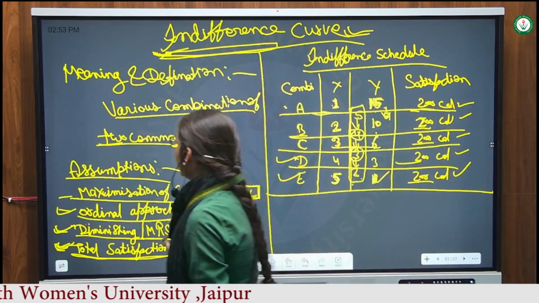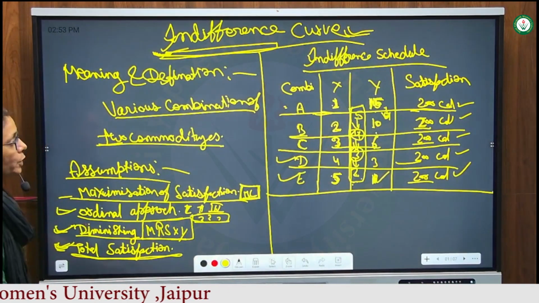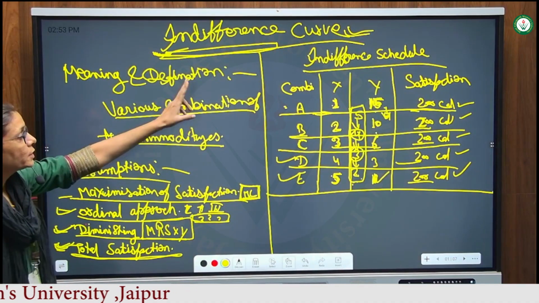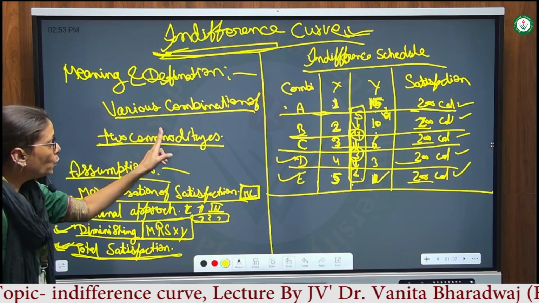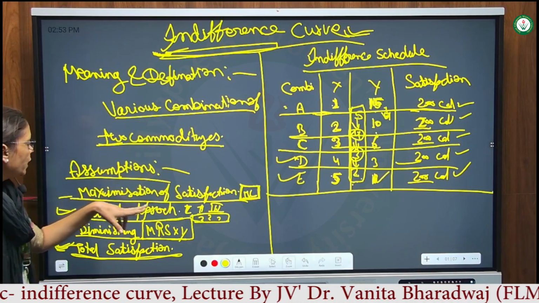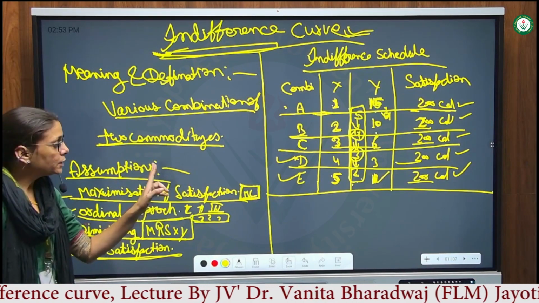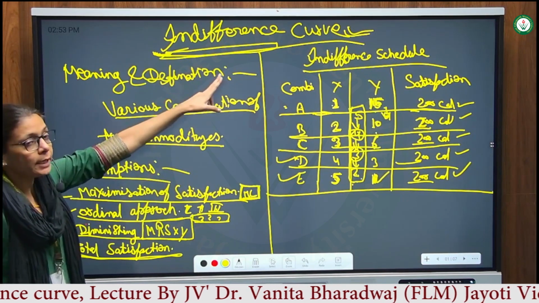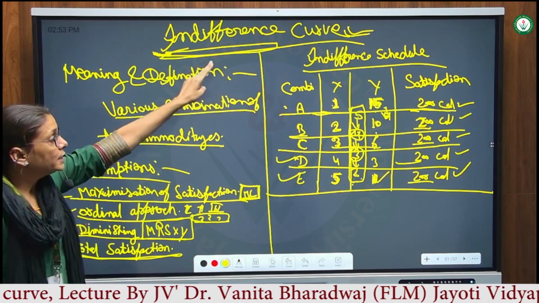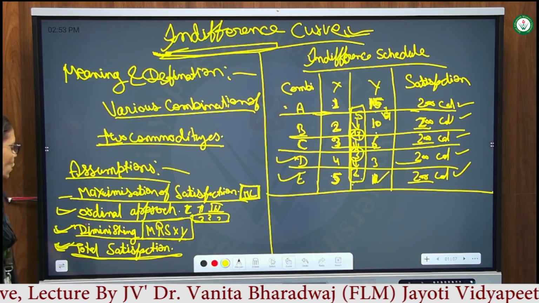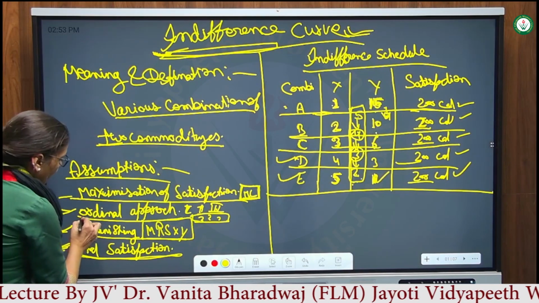As I started my lecture, I have already told you that the indifference curve is the combination of two commodities which gives the maximum satisfaction to the consumer. This theory is given by Allen and Hicks, and the indifference curve theory is based on the ordinal approach.